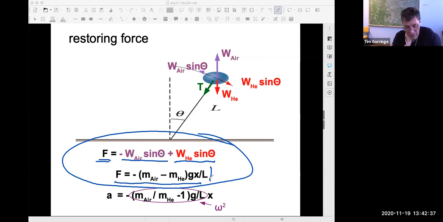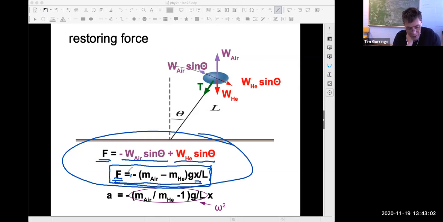And we've discovered that this upside down pendulum does have a linear restoring force. The force on the left here is in proportion to the displacement, with a minus sign here, so it is in the opposite direction to the displacement.